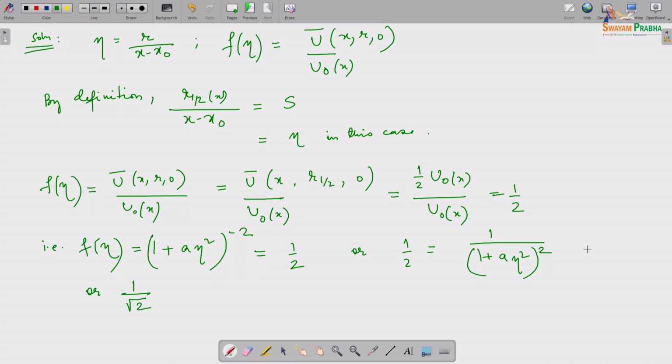Now I am going to take square root on both sides. So therefore I get this.